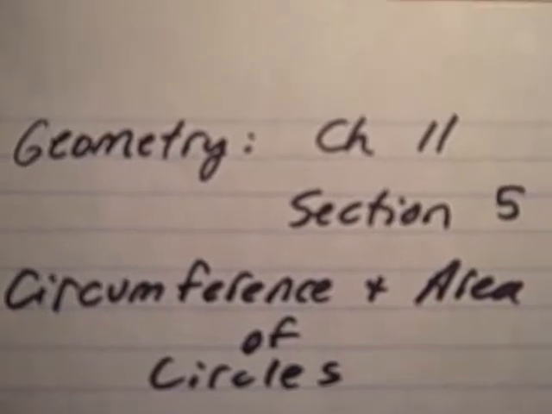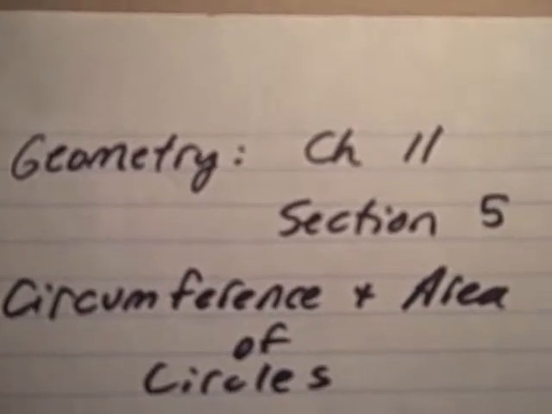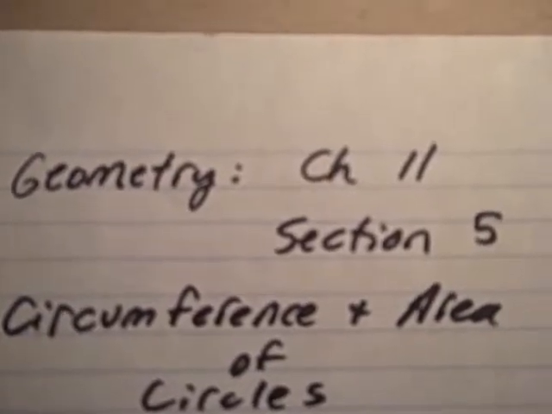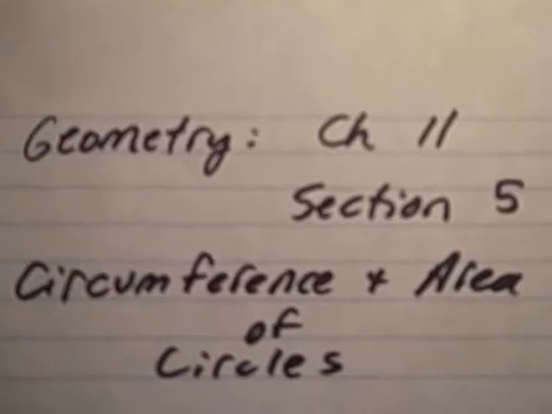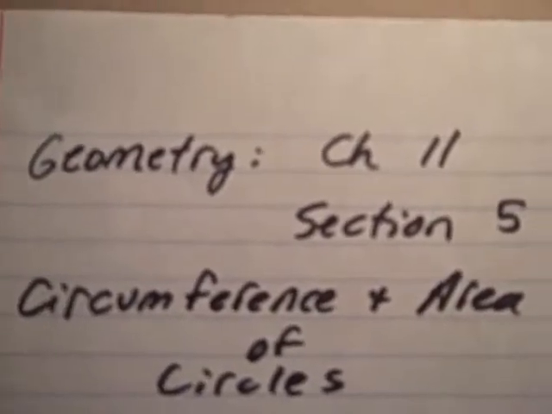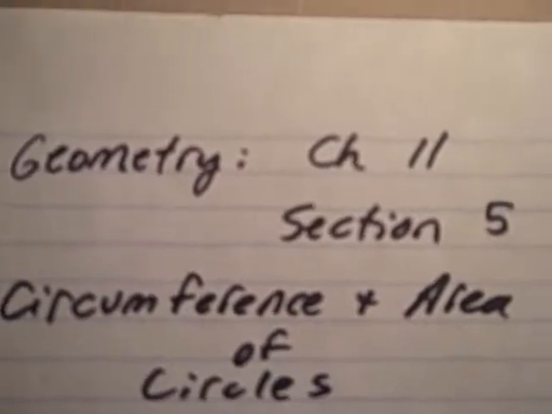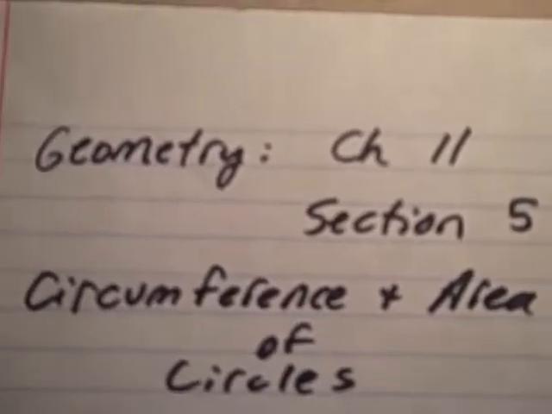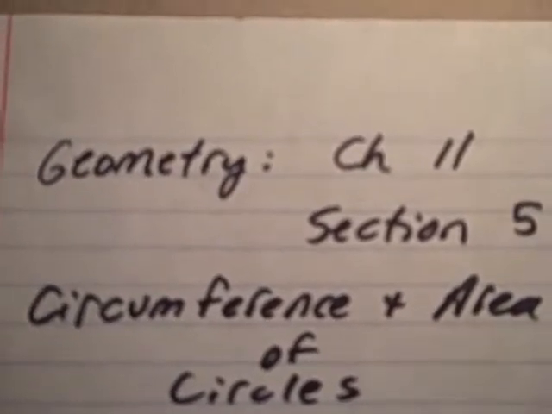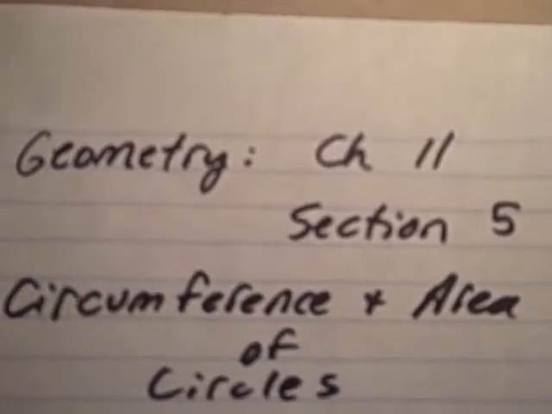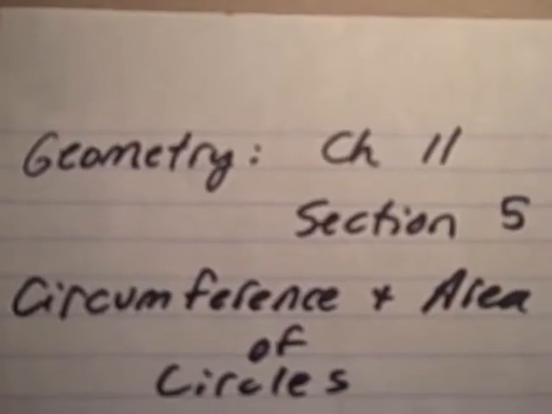Think of a hula hoop. If you were to attach a tape measure and measure around a hula hoop, that's a circumference. Basically, it's like the perimeter of a circle. But we don't use the word perimeter because perimeter is used for polygons whose sides are line segments. But it's very similar to that concept.